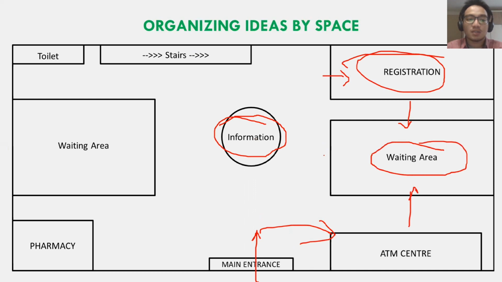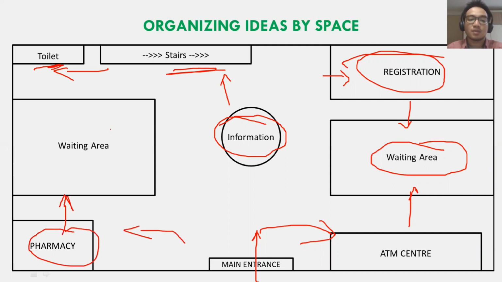You can find the stairs leading to the second floor behind the information desk. You can also find a toilet next to the stairs. On your left, you can find a pharmacy. In front of the pharmacy, there's another waiting area, but this one is used for people who are waiting for their medicine after handing over the medical prescription from their doctor.